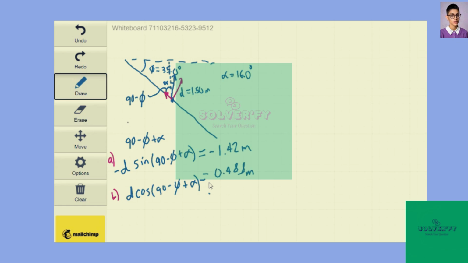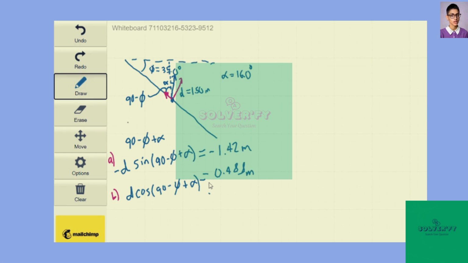And so perpendicular to the surface should be greater than parallel to the surface. And so I think I did get them mixed up.